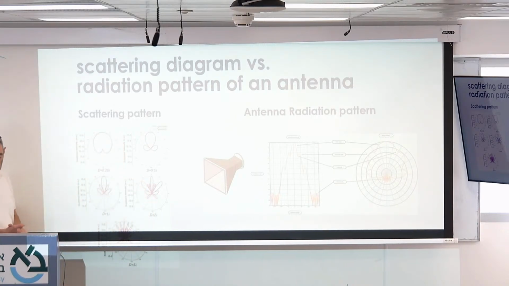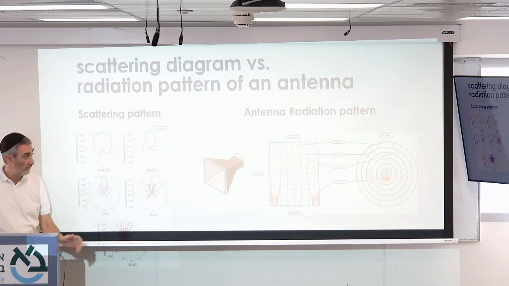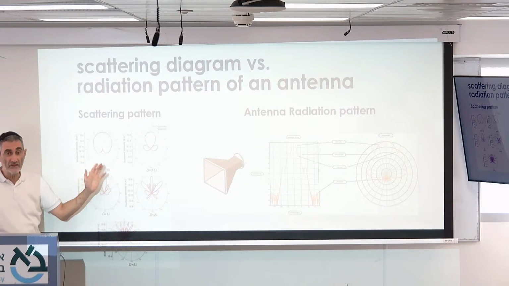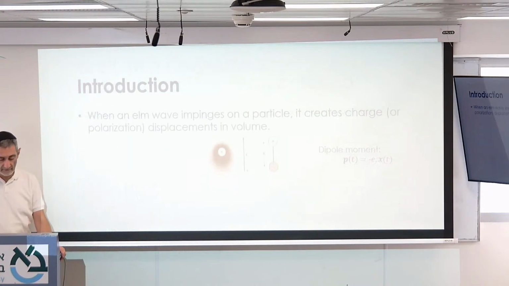The radiation pattern describes how the antenna radiates outward, far from the antenna, and the scattering diagram shows how a scatterer or any type of object scatters light in different directions. Actually, it's not just an analogy; the things are similar or even identical, and this is based on the theory that we are going to describe today.